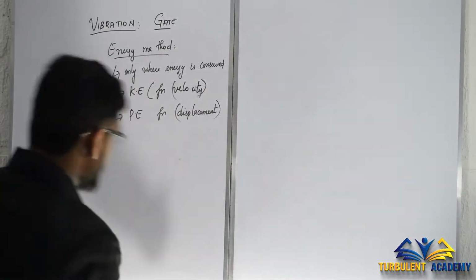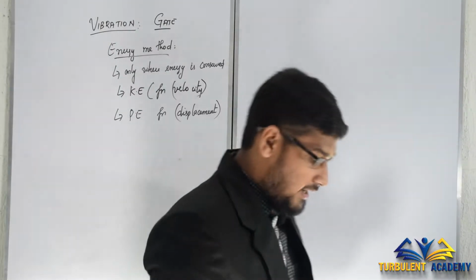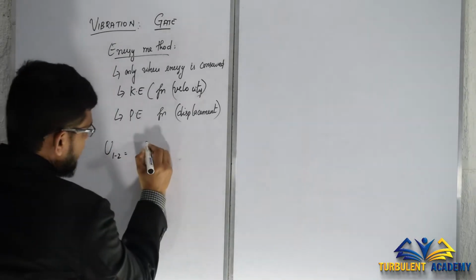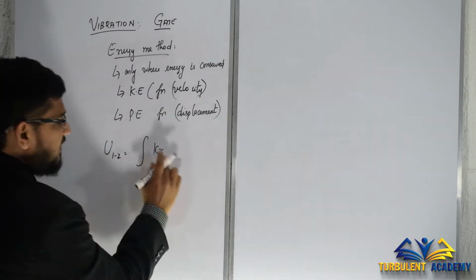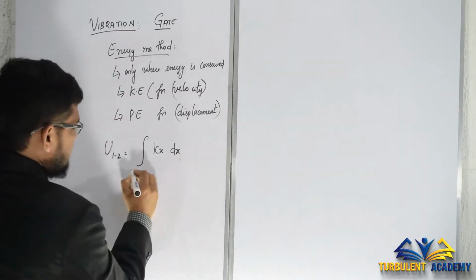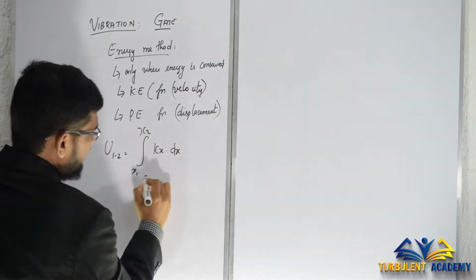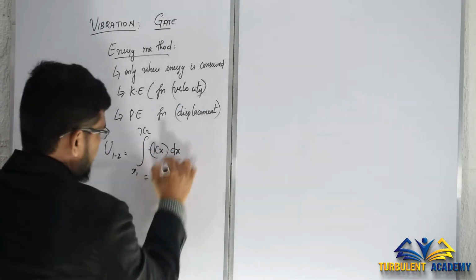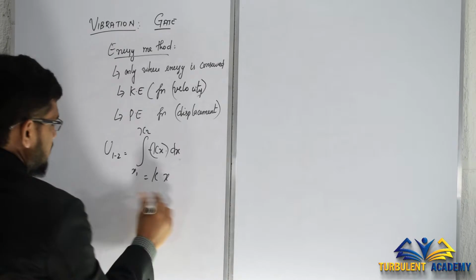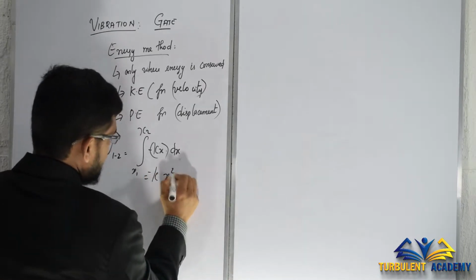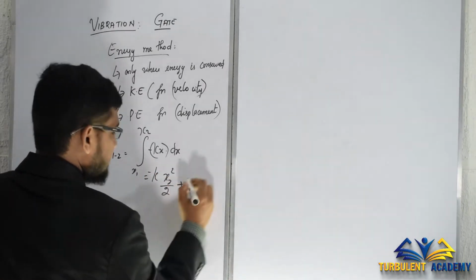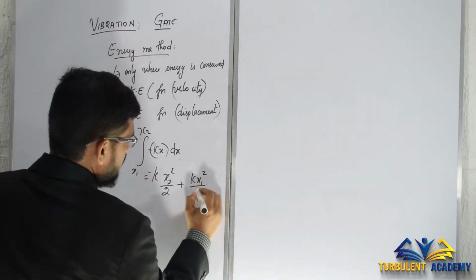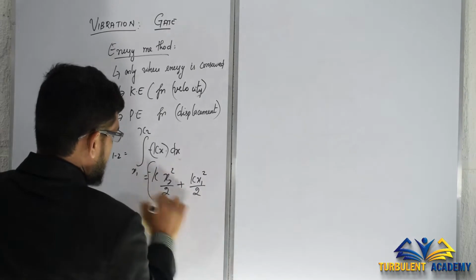So spring force, for example, I'll write one equation. Potential energy from 1 to 2 can be written as the integral of kx, this is the spring force, into dx, which is distance from x1 to x2. If I derive it, minus, for example, if it's compressive, minus k x2 squared by 2 plus, since it's minus, it will become plus k x1 squared by 2.